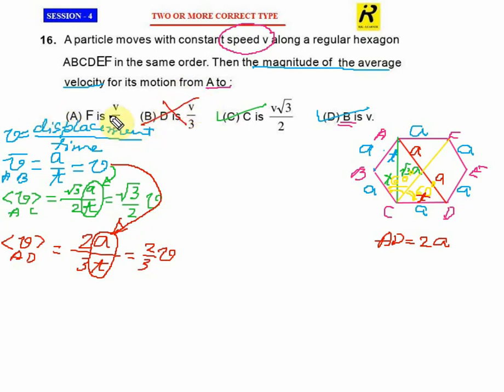So now the only one option that is left, which is option A. So for this we should think about 2 points. One is A, another one is F. So in our picture A is here and F is here. So this can be evaluated in this manner.